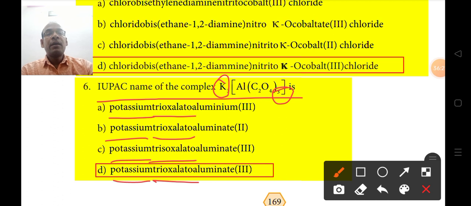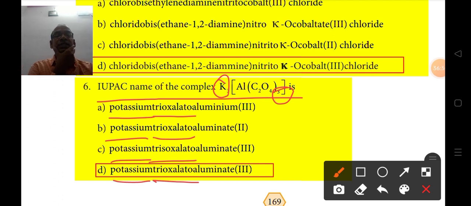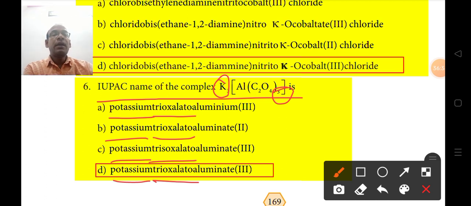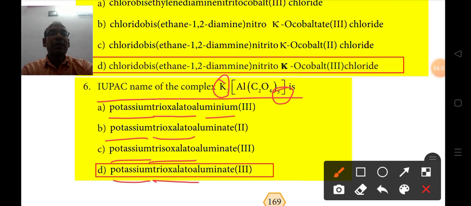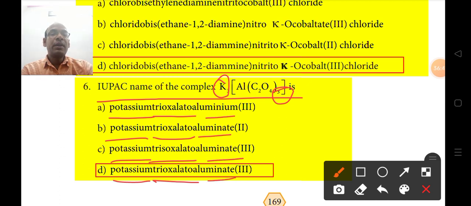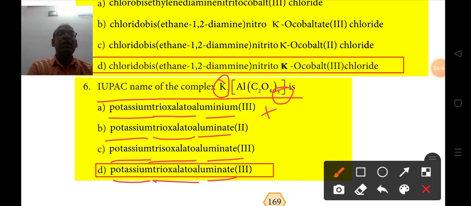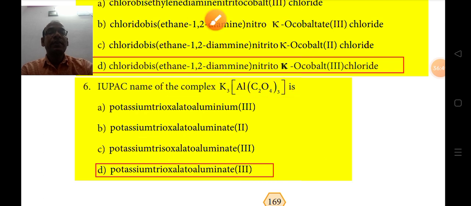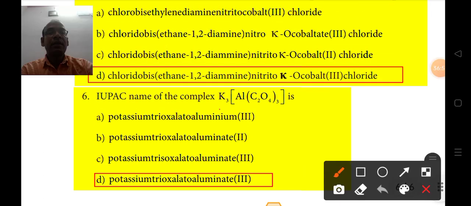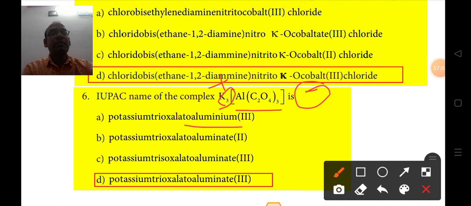In all 4 options oxalato is correct, and the remaining is aluminium or aluminate. For a positive complex ion, aluminium; in this case the simple ion is plus. That complex has a negative charge, that is an anionic complex. Aluminium does not come, therefore option A is incorrect.